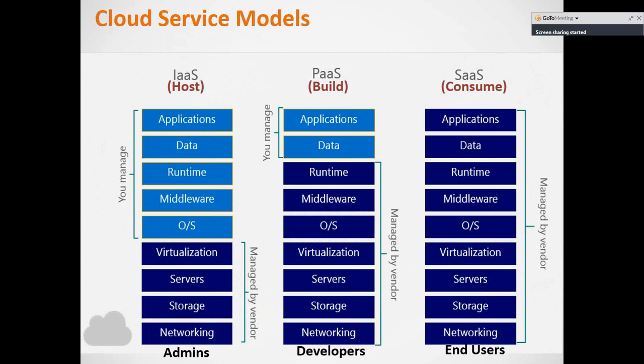So as an administrator, when he wants to do some task, he needs a machine, and he will use infrastructure as a service, where he gets only the machine, and on top of that, we do the installation of the operating system, middleware, or the application.